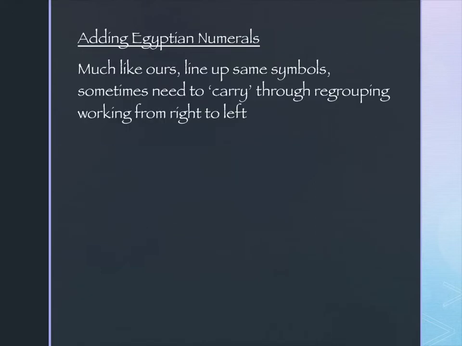What we're actually going to do is going to look very much like our system, but we're going to stick with their numerals. The adding of Egyptian numerals is much like ours. We line up the same symbols, like we would line up the same place values. Sometimes we need to carry through regrouping, and we work from right to left. Okay, so it's going to feel a little bit like a puzzle or a game because it is so similar to ours. It just uses symbols that are different than ours.